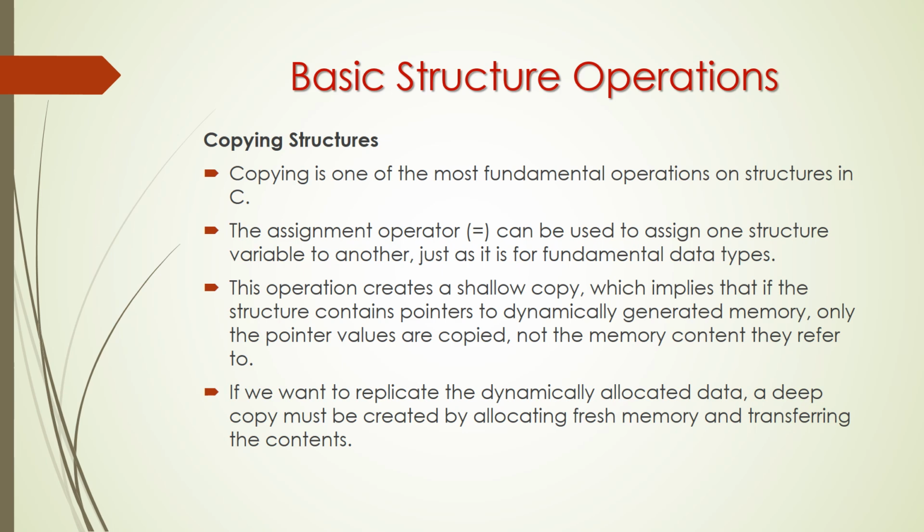This operation creates a shallow copy, which implies that if the structure contains pointers to dynamically generated memory, only the pointer values are copied, not the memory content they refer to. If you want to replicate the dynamically allocated data, a deep copy must be created by allocating fresh memory and transferring the contents.